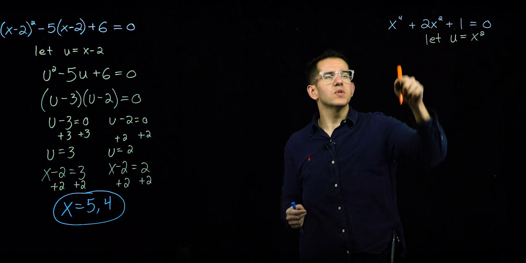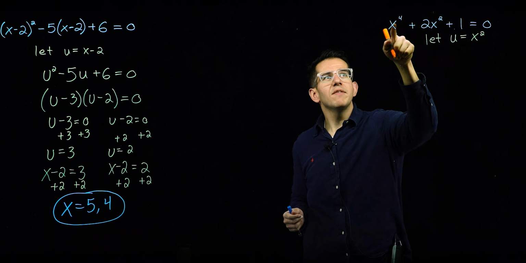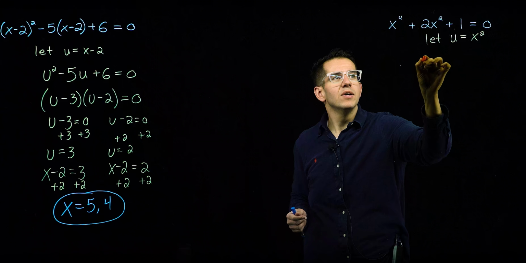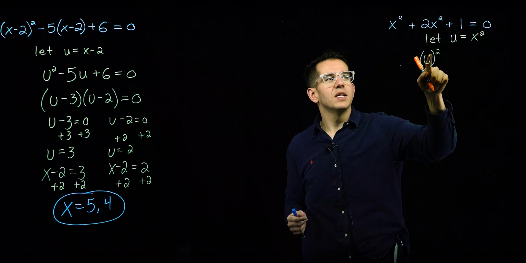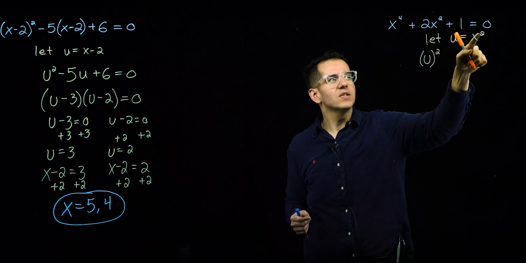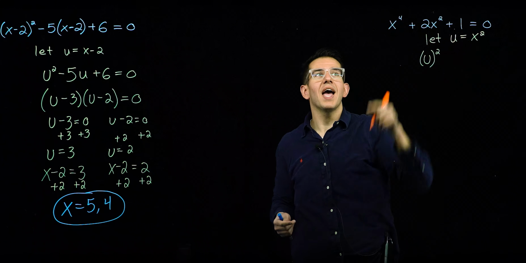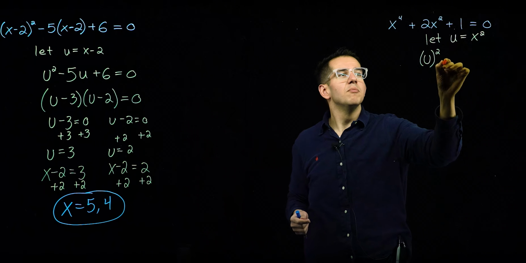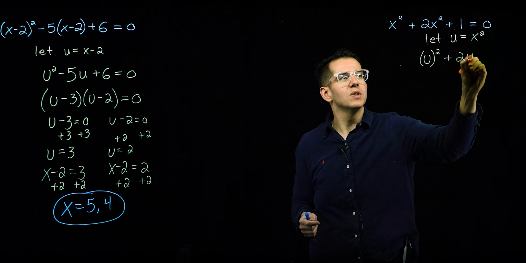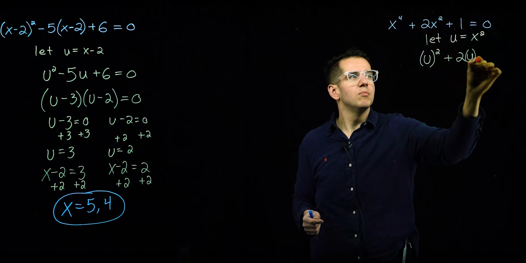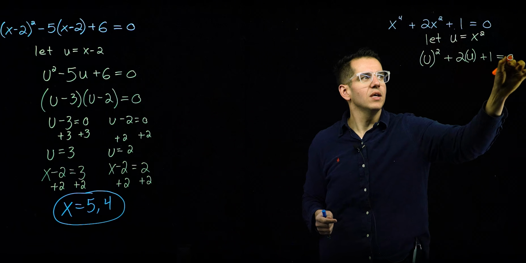If u is x squared, then instead of having x to the 4th, we can have u squared, since u squared would be x squared squared, which is x to the 4th. Plus 2 times x squared is now 2 times u. Plus 1 equals 0.